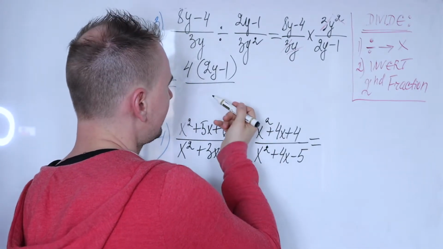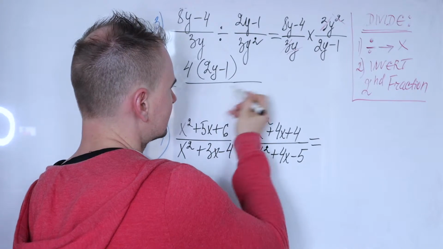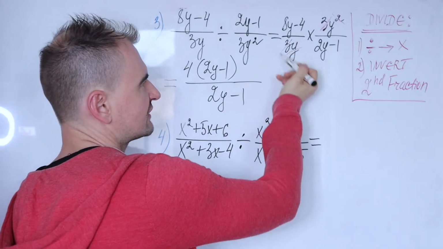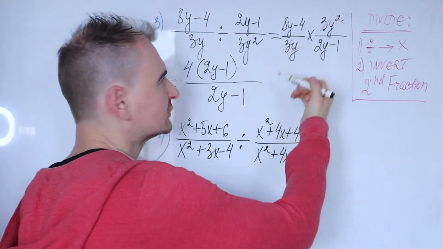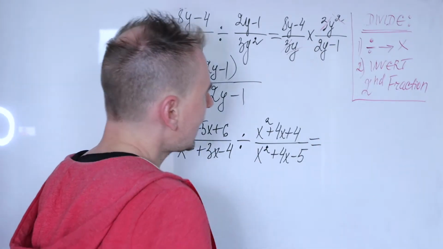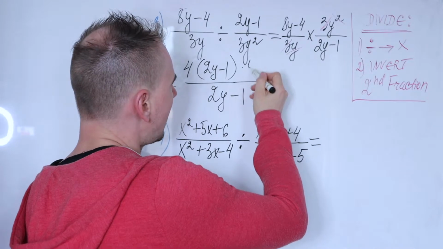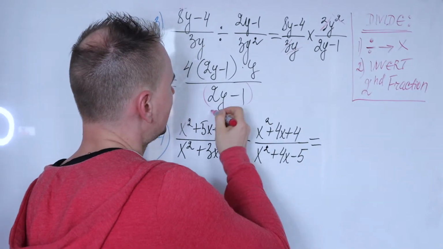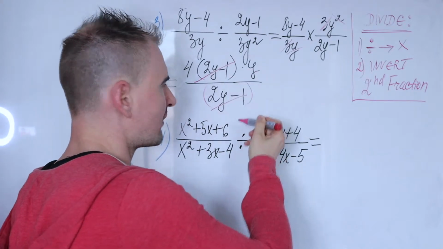So here we would have just 2y minus 1. Since the first term is nothing, we could ignore it. And we have still y. Now you could cancel this 2y minus 1. This is the common factor.